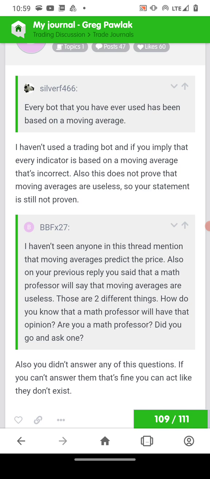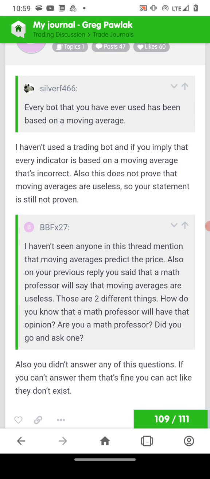One is the period size, and one is the number of periods. Okay? Right? So you've got the number of periods and the period size.